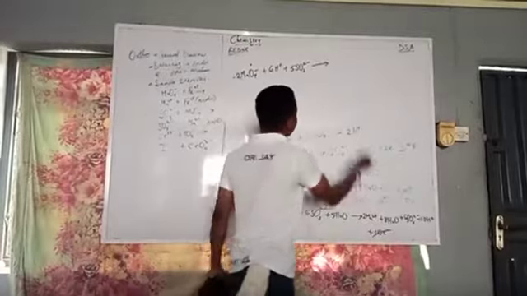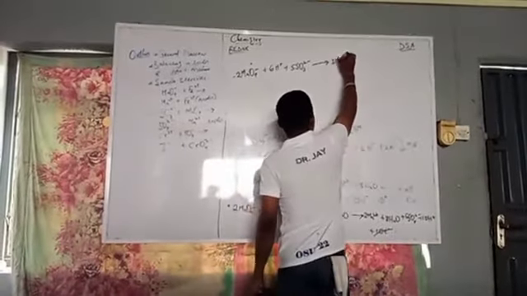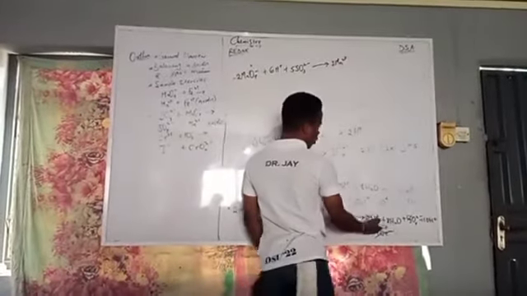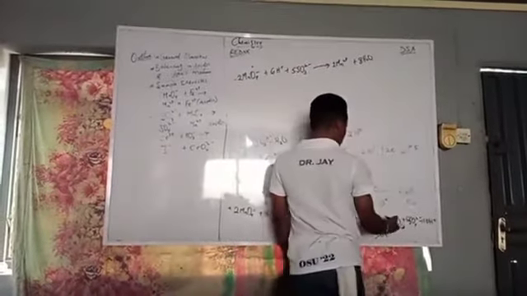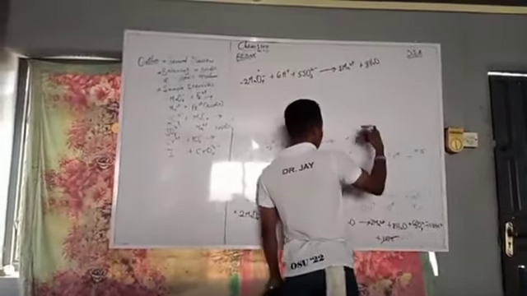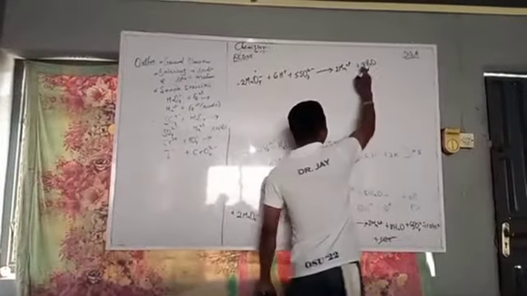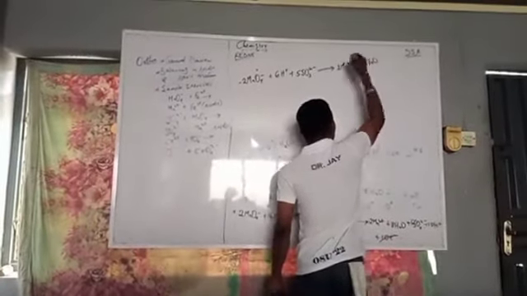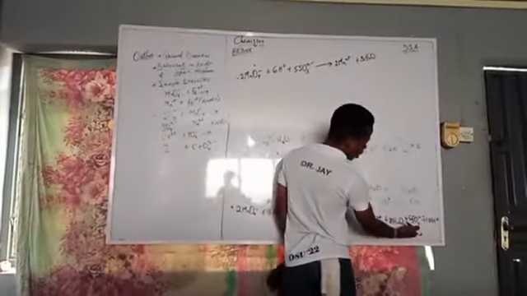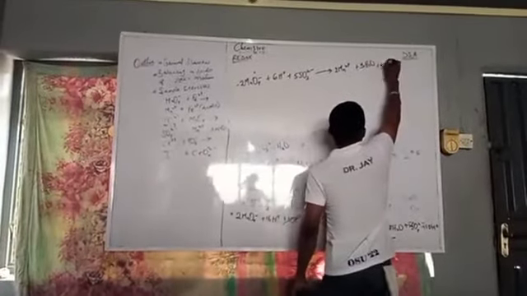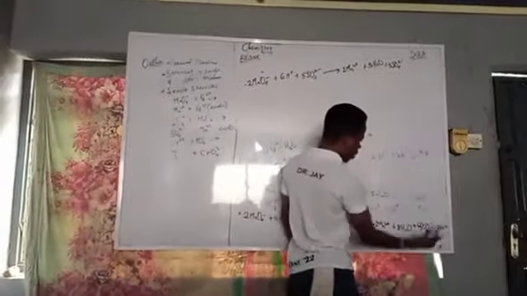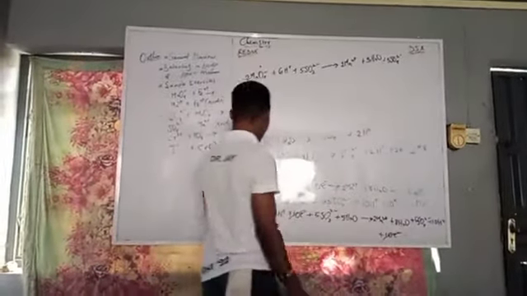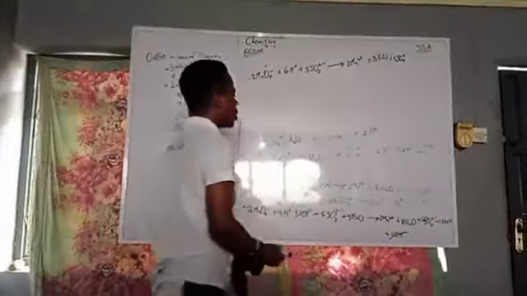Okay, so you go to that side, you have 2 Mn2 plus, right? Plus 8 H2O. Sorry, 8 becomes 5 already. It becomes 3. 5 has reduced it. So you have plus 3 H2O. Then you have 5 SO4 2 minus. Okay, let me take it again.